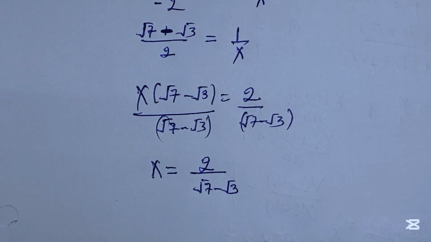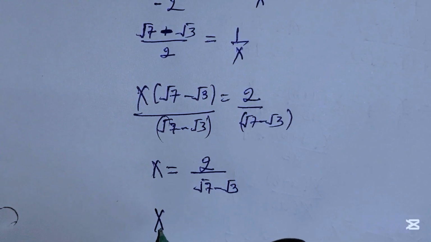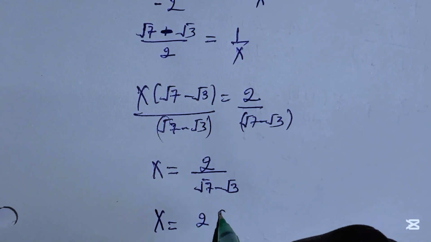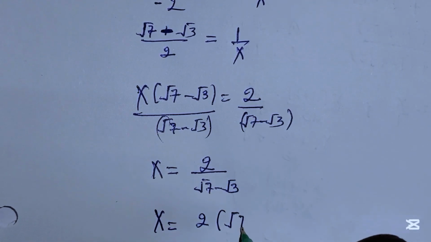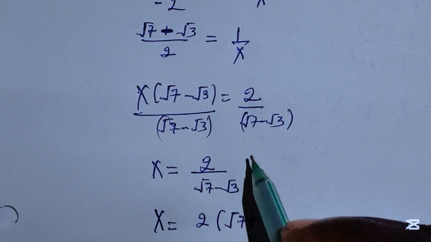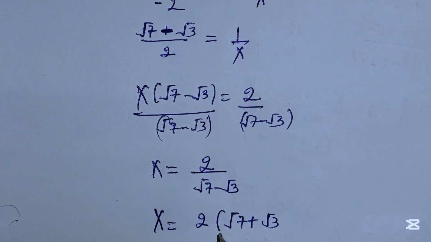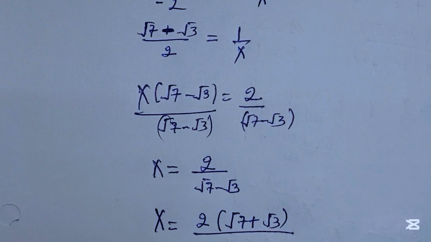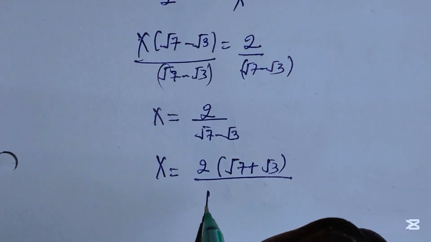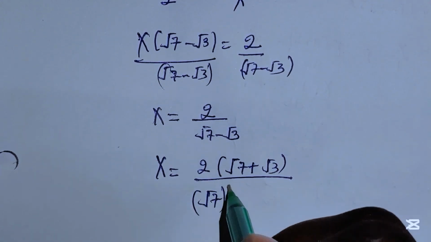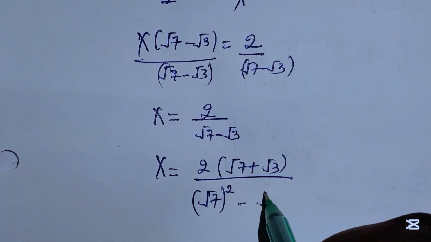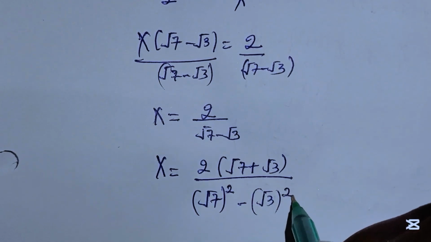Then by rationalizing, our x will be equal to 2 times square root of 7 plus, okay, square root of 3 over square root of 7 squared minus square root of 3 squared.